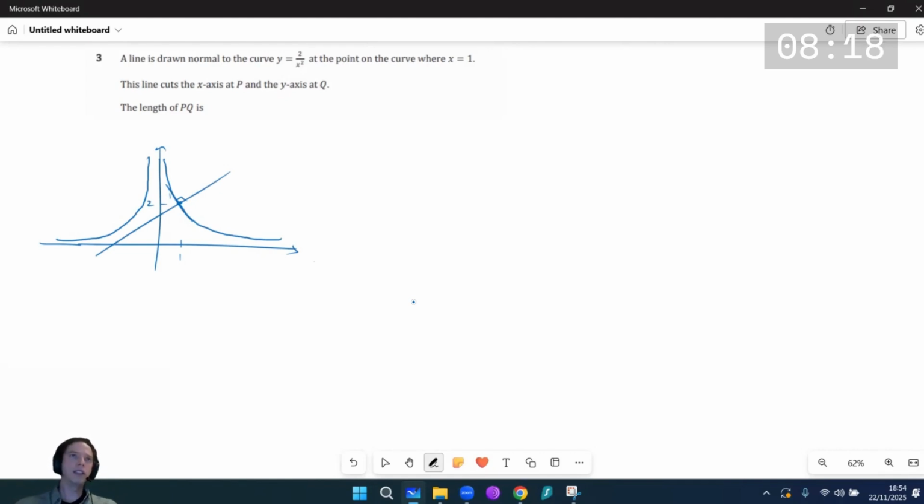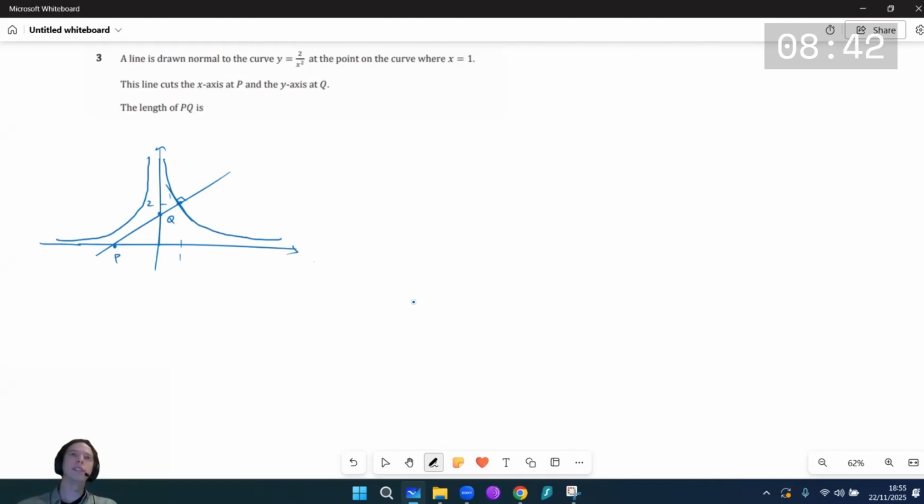Okay, it cuts the x-axis at P and it cuts the y-axis at Q, and we want the length of PQ. For that, all we need is the y value of Q, the x value of P, and then just use Pythagoras.